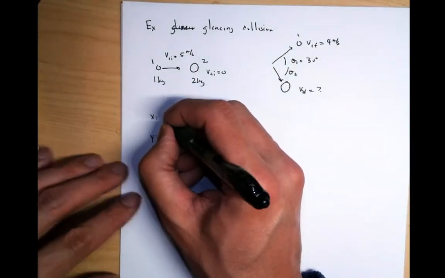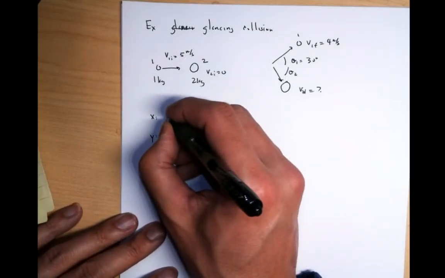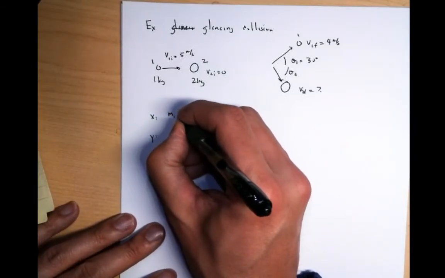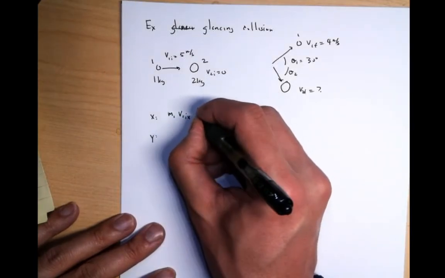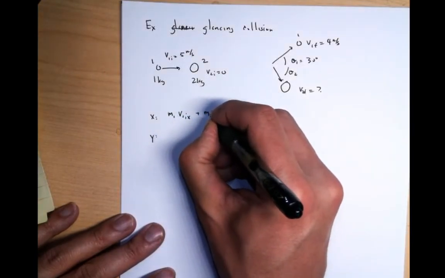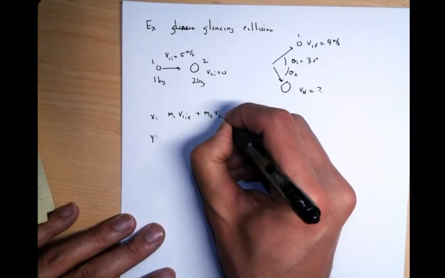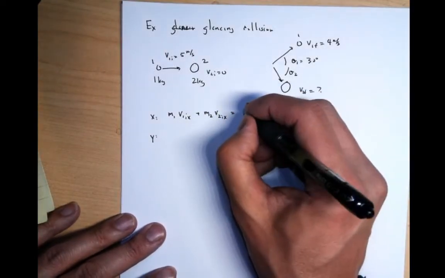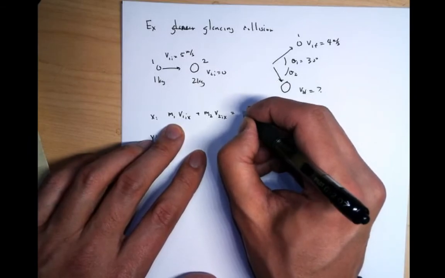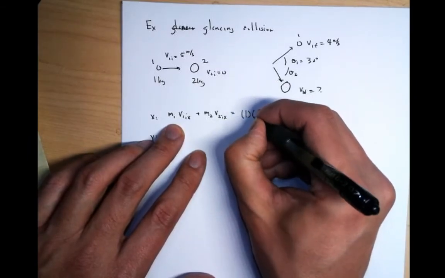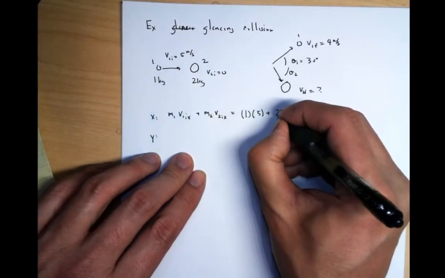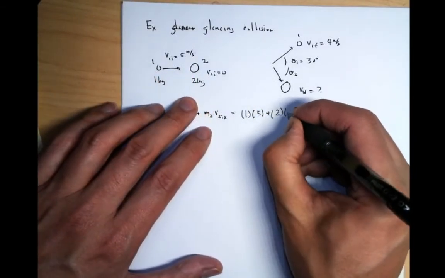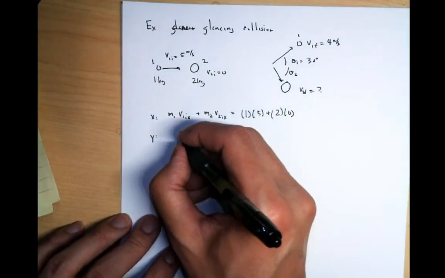So in this case, this is just going to be m1 v1ix plus m2 v2ix is equal to, well, this one is going to be 1 times 5, plus 2 times 0. Okay? Now y component is easy.